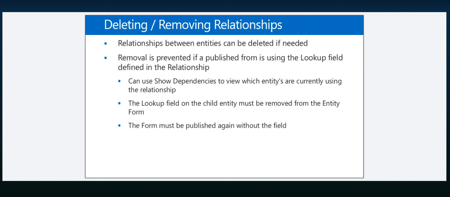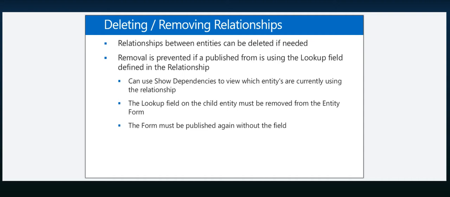All right, so the next slide here, deleting and removing relationships. Relationships can be deleted if you need to. However, the removal is prevented if it's already published and it's using a lookup field defined in the relationship. So basically it means it has dependent components. You cannot delete anything in Dynamics 365 if it has dependent components on it. So you need to use the show dependencies option to see what entities and other components are currently using that relationship.